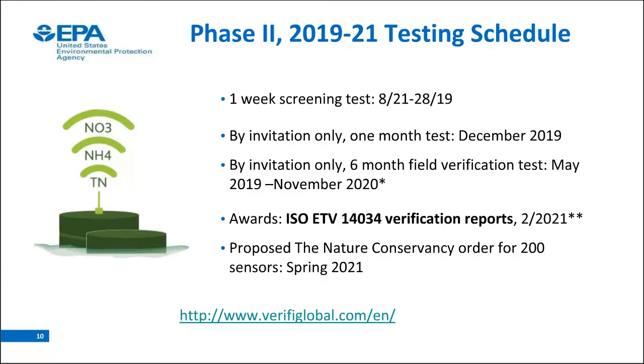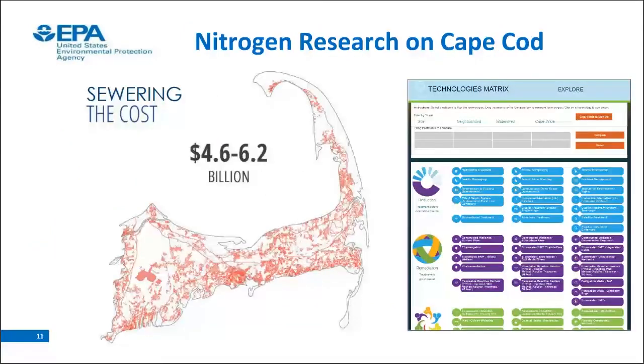Any that pass that 6-month field trial will get ISO certified, and the Nature Conservancy is prepared to order 200 of those sensors. Ultimately, this will all run through Verified Global, and it's a unique piece where we have EPA working with NGOs and private entities to identify a tool that can help all of us address this nitrogen challenge.